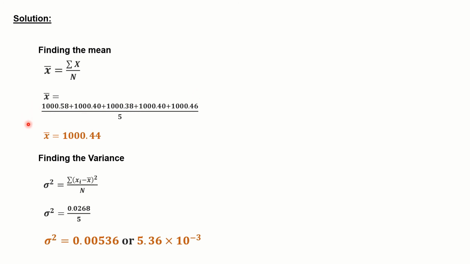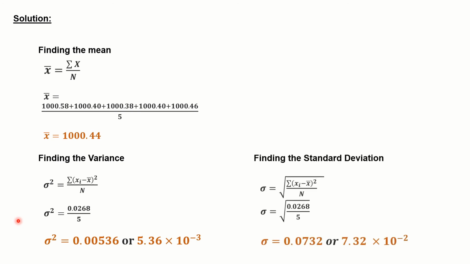Now, to look for the value of the standard deviation, to determine the accuracy or to estimate the error of our measurement, we need to solve for the standard deviation. Standard deviation is equivalent to the square root of the variance.